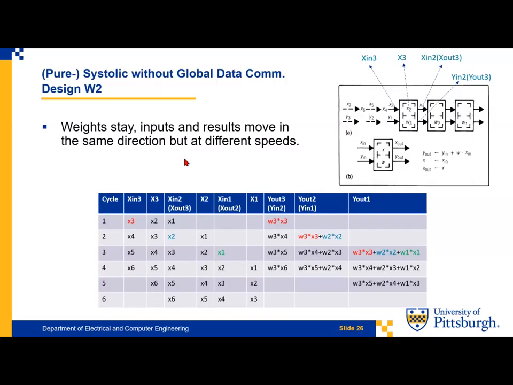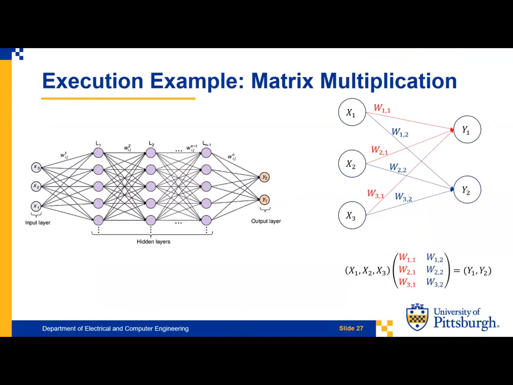And in the previous slides, we showed how to do the 1D convolution with the systolic architecture, right? But in a fully connected layer, we need to do matrix multiplication or vector-matrix multiplication, just like here.